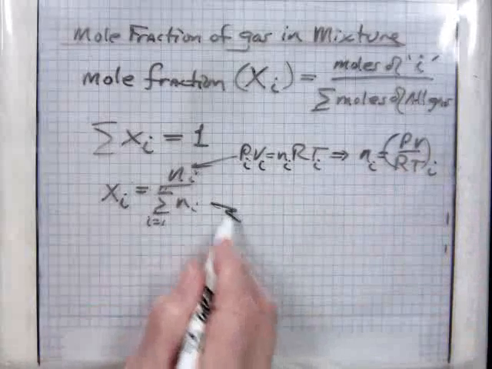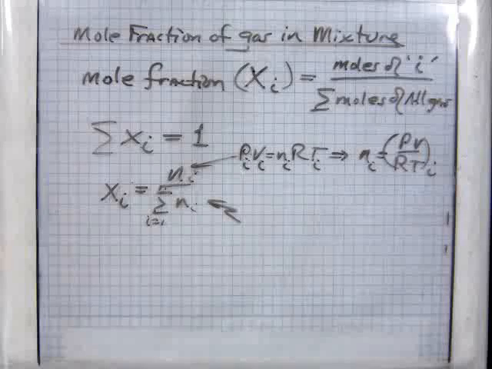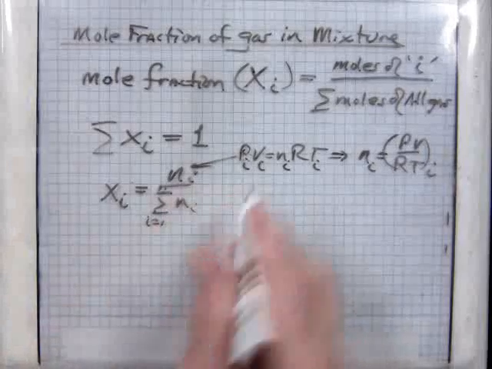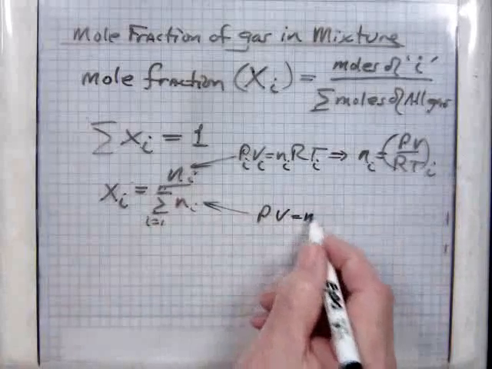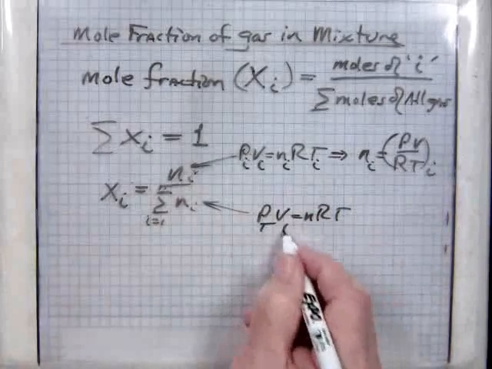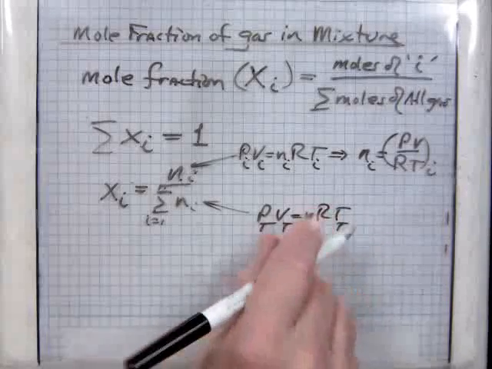If you're talking about the total moles of the mixture, those subscripts would be totals, like PV equals nRT, totals: total moles, total temperature.